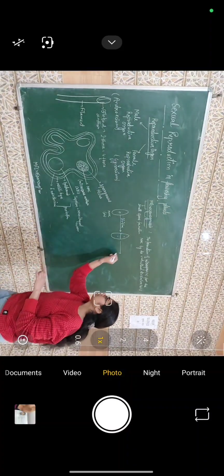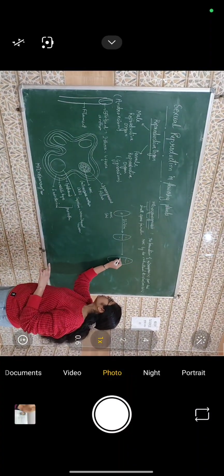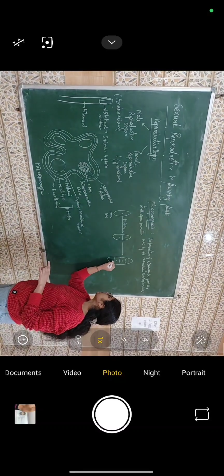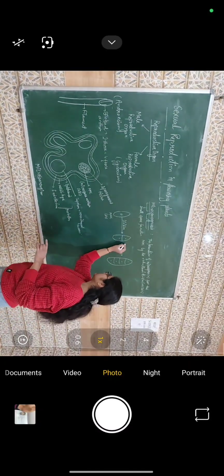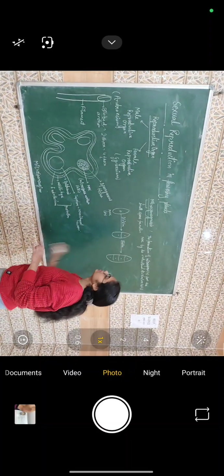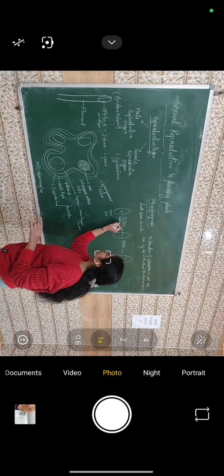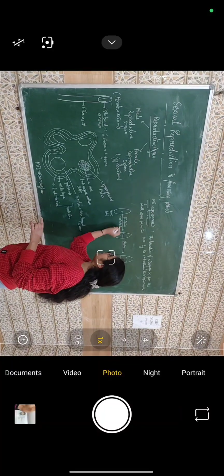After it, division takes place and it will form four cells. And this division is known as meiosis division. This is meiosis 1 and this is meiosis 2.